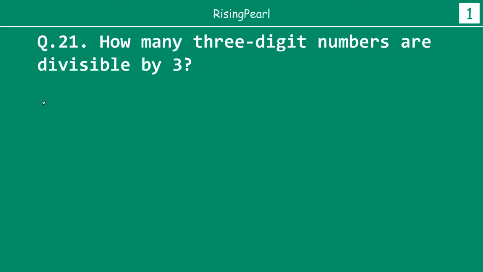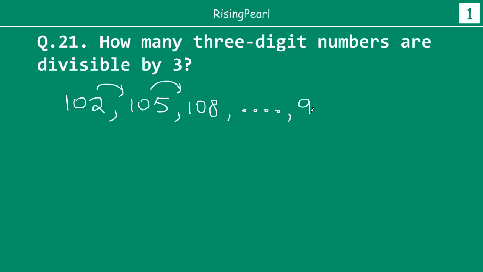Our set of numbers looks like 102, 105, 108. So we are continuously adding 3, and this goes on till we get 999. So friends, this actually is an arithmetic progression series. This is an AP.